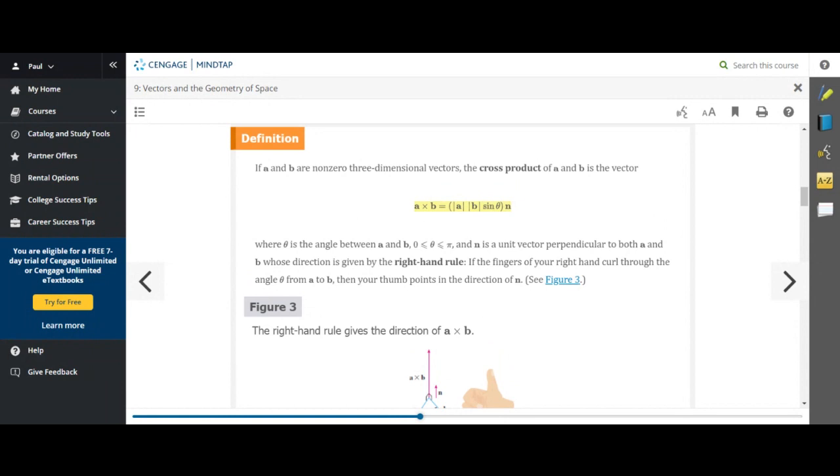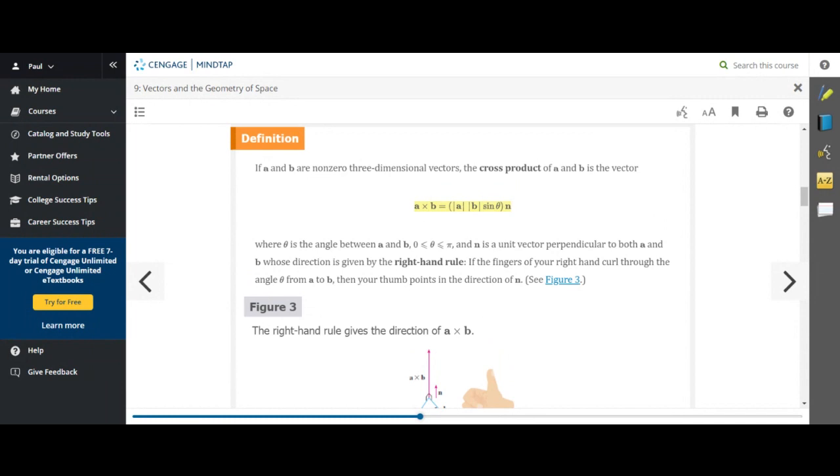It's the vector that points in the direction of the normal vector n, and the scalar multiple of that vector n is the length of A times the length of B times the sine of the angle between them.